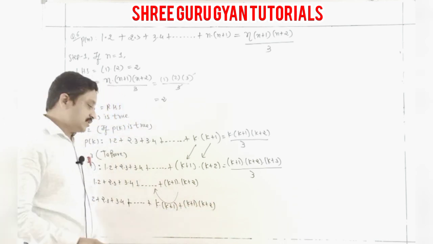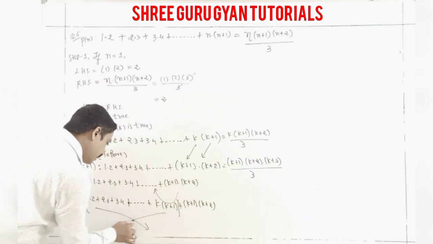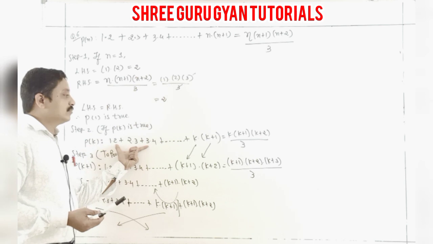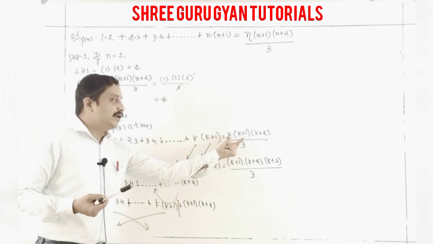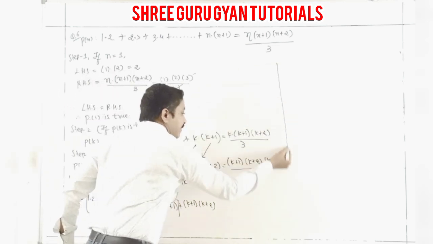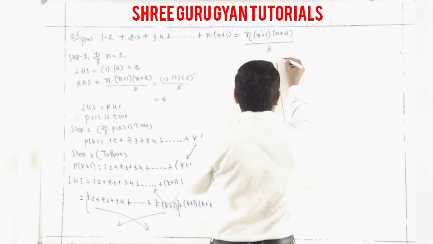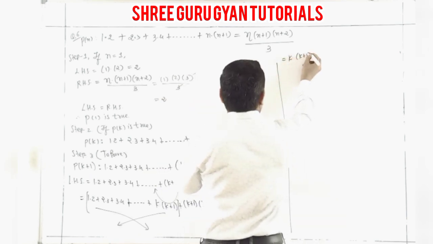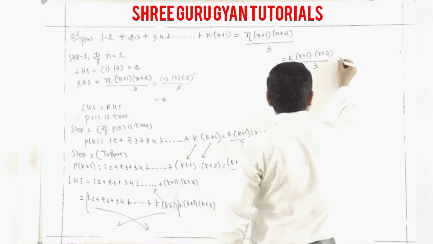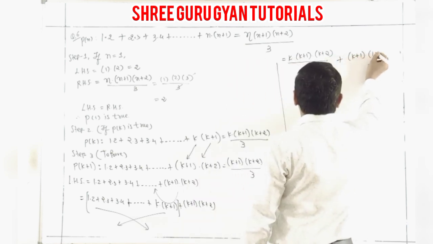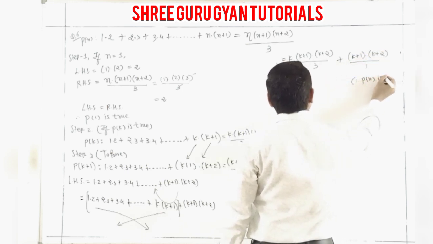Now students, this value up to that, you know very well, it is 1 into 2 up to k into (k plus 1). This full value I already know, and I put that in there. So my value is k(k plus 1)(k plus 2) by 3, and this added to (k plus 1)(k plus 2), because P(k) is true.